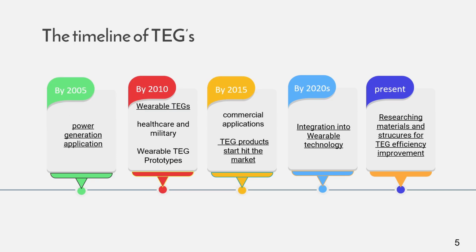By 2005, TEGs found application in remote power generation, and by 2010 some wearable TEG prototypes were developed, especially for healthcare and military applications. By 2015 the commercialization of TEGs happened and TEG products started to hit the market. By the 2020s the integration of thermoelectric generators into wearable technology happened, and at present researchers are working on materials and structures for TEG efficiency improvement.